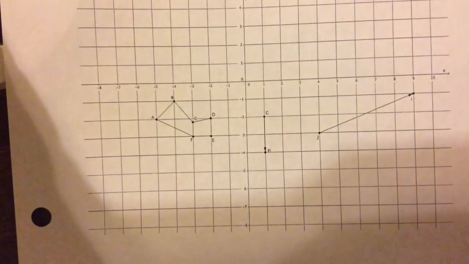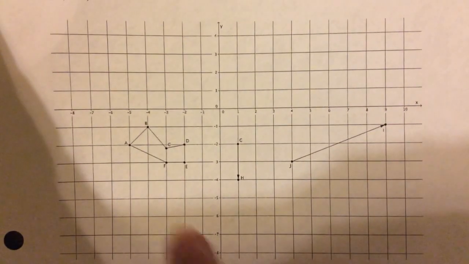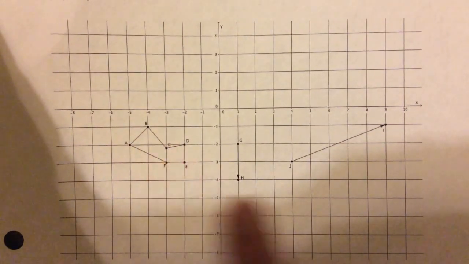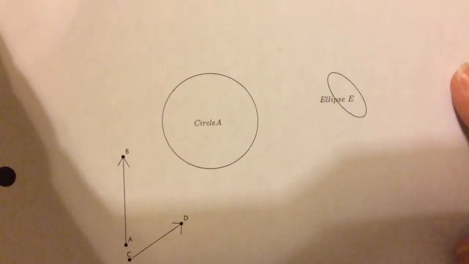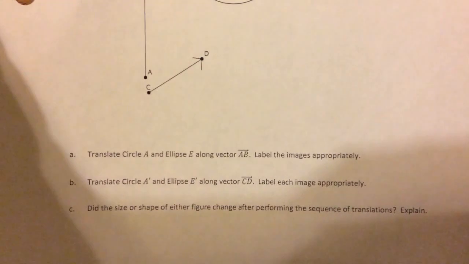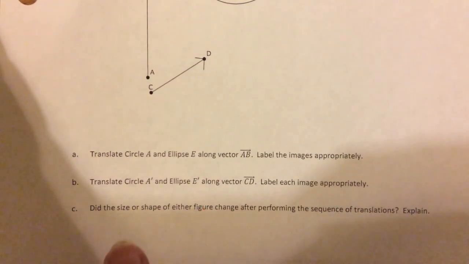And you can go ahead and do exercise 3, where you're going to be translating this polygon along 2 different vectors. And you can do exercise 4, and then we will come back and look at those together. So exercise 4 has you translating circle A and ellipse E along 2 different vectors. Okay, so you're going to be looking at, did the size or shape of any of these figures change even when we did a sequence of translations? Okay, so go ahead and work on that.